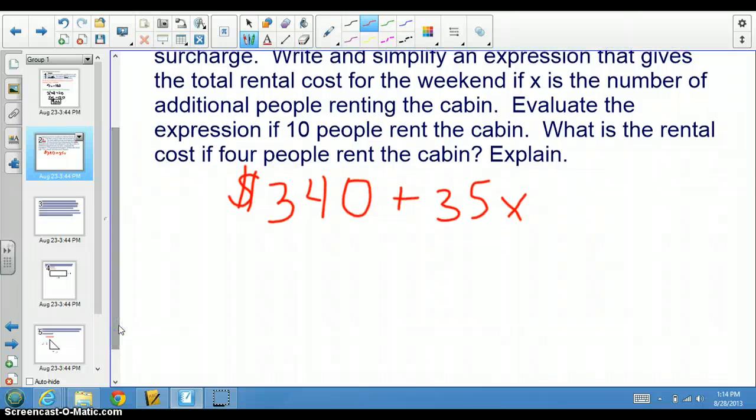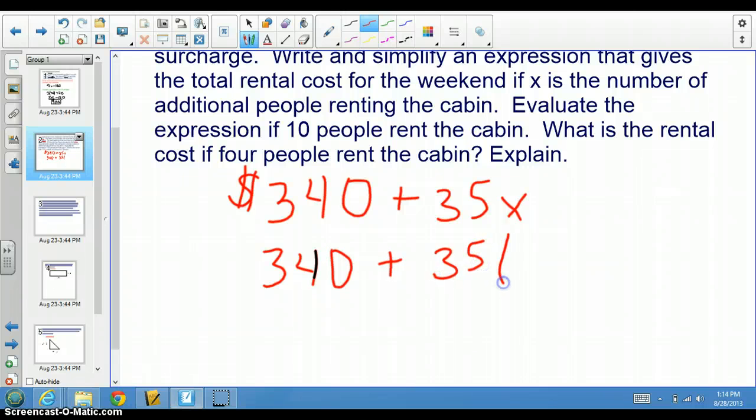Now it says evaluate the expression if 10 people rent the cabin. So $340 stands for the amount for 6 people plus $35 per person over 6. So we have 4 more people to add up to 10 people. We're not plugging 10 in there, because there's 6 people included in the $340 price.